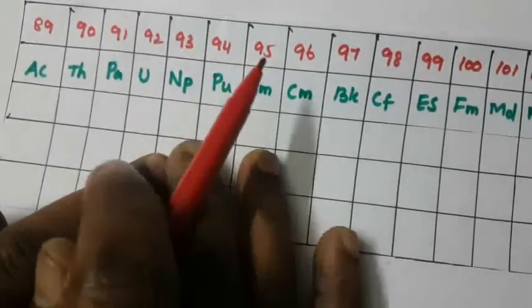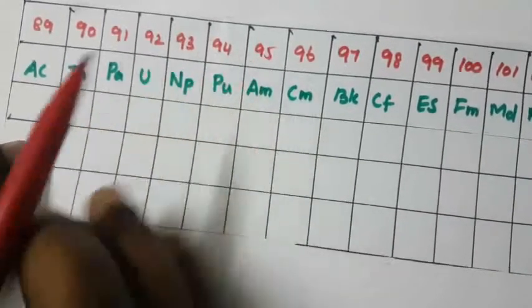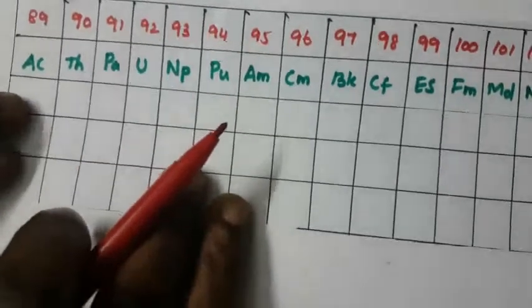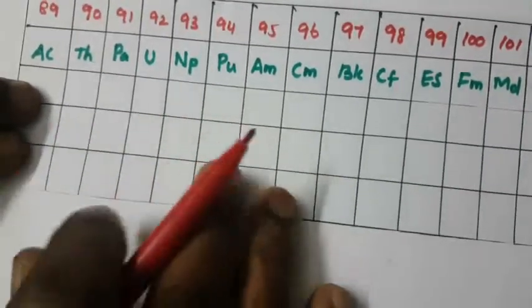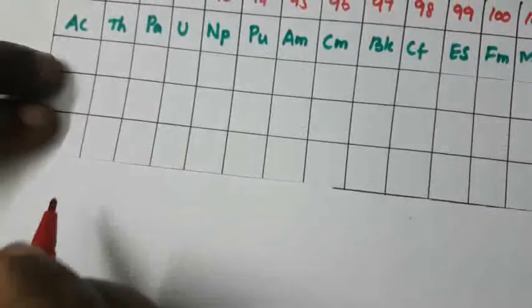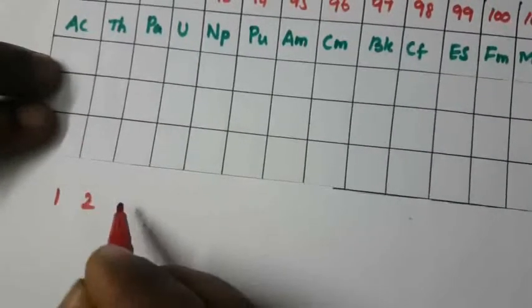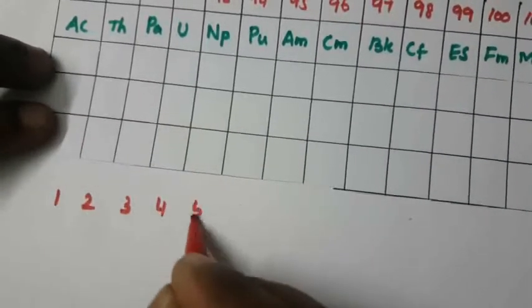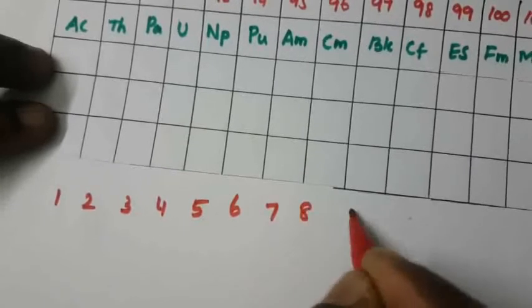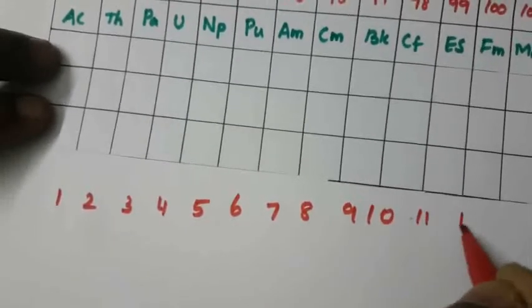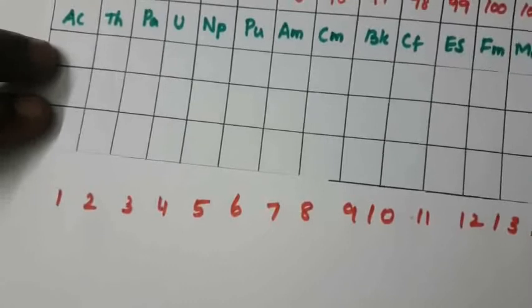First, remember the numbers: here 1 to 14 elements are there, so 1, 2, 3, 4, 5, 6, 7, 8, 9, 10, 11, 12, 13, 14, that is 15 elements.